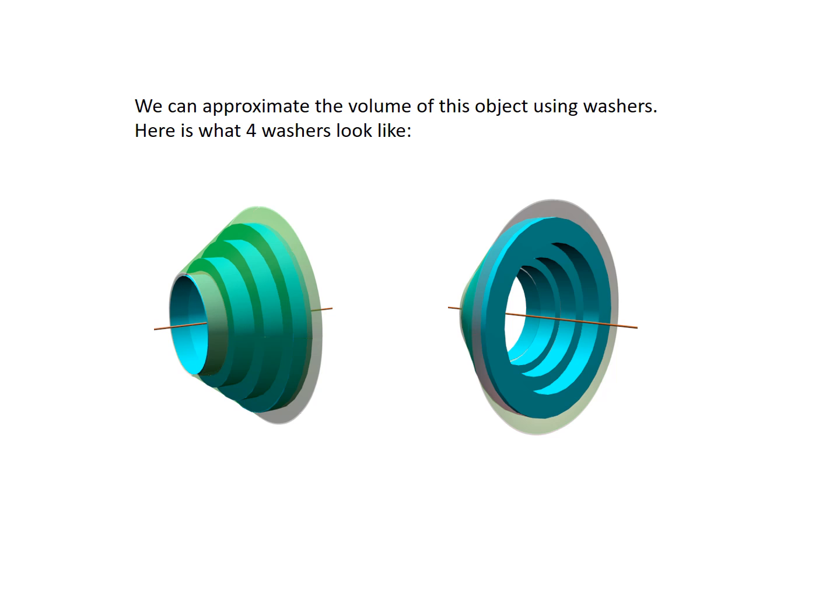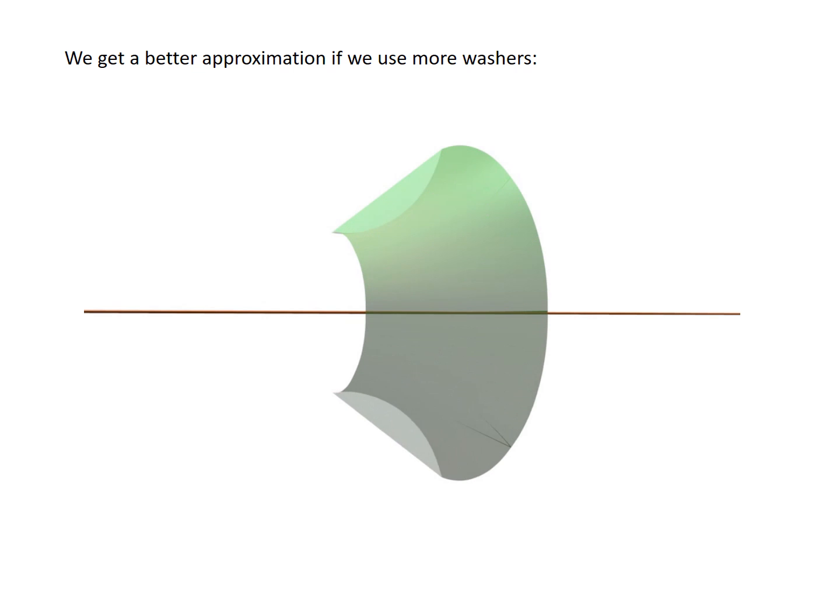We can approximate the volume of this object using washers. Four washers look as shown, and if we add up the volume of those four washers, we get a crude approximation to the volume of the solid. Of course, we get a better approximation if we use more washers.